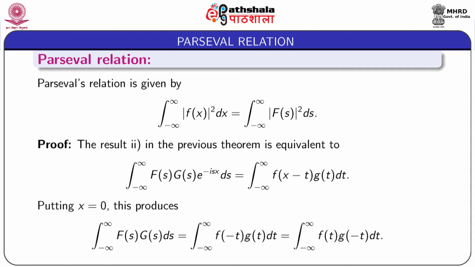In this result, we put x equal to 0 and this produces integral minus infinity to plus infinity capital F(s) into capital G(s) ds. This is equal to integral minus infinity to plus infinity f(minus t) into g(t) dt. This can be shown to be equal to integral minus infinity to plus infinity small f(t) g(minus t) dt.